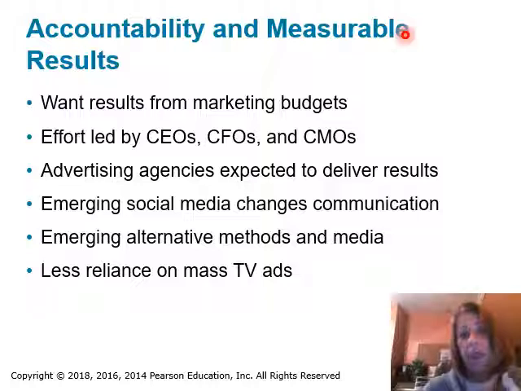In the past, once an ad agency was hired, they stayed with a client for a number of years because they knew the brand. But now companies want results. If not, then a new agency will be chosen. With the rise in popularity of social media, there is less reliance on mass TV advertising. Agencies continue to explore alternative ways of reaching customers where it is less cluttered than mass media.